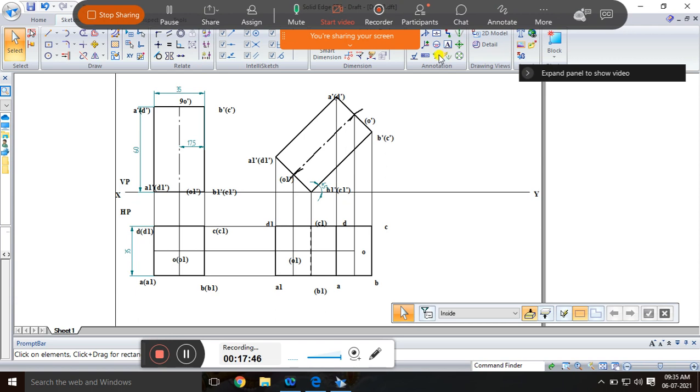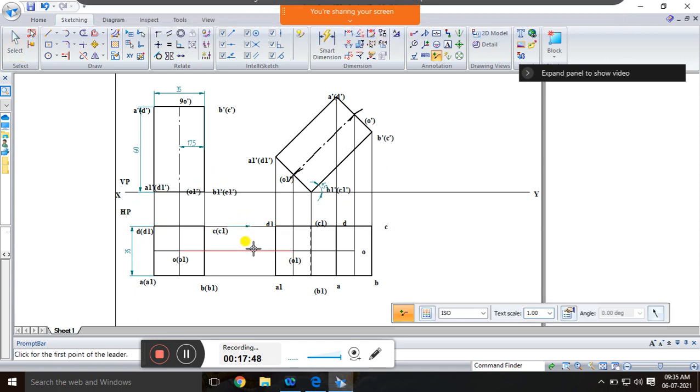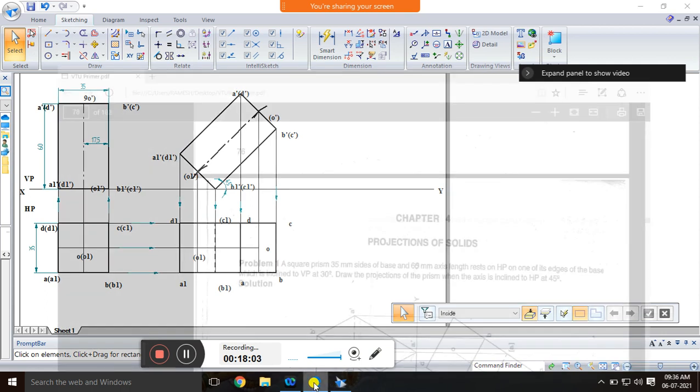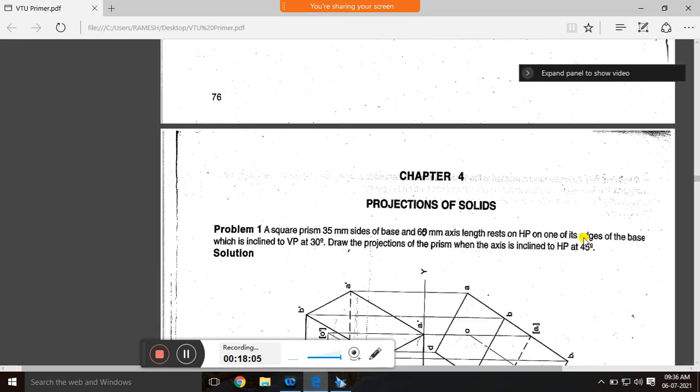After this you have to show the arrow mark like this. We are projected right side and we are projected downward. At least for projection sake you have to represent. Okay, so next is the which is on rest on edges on HP.